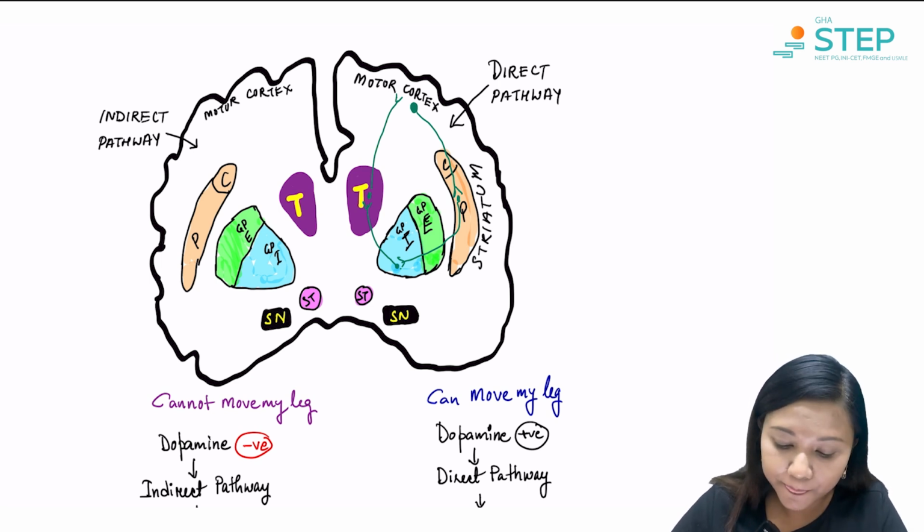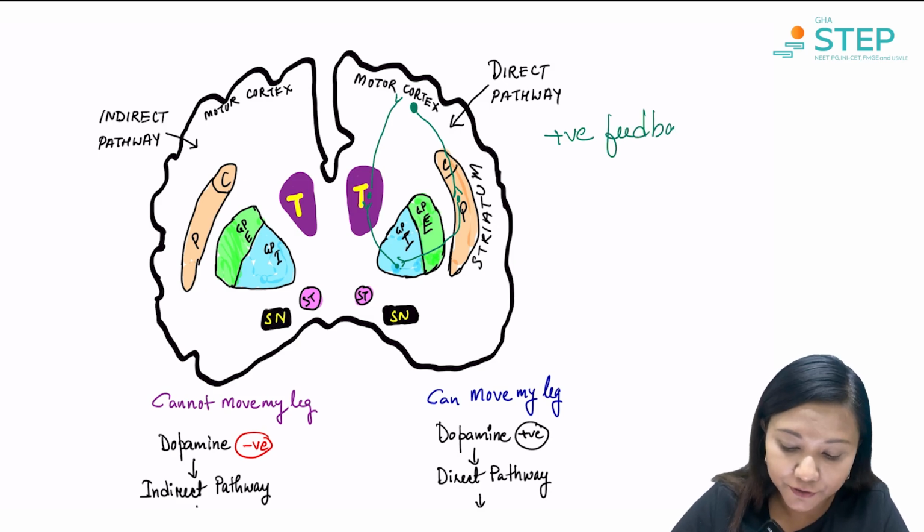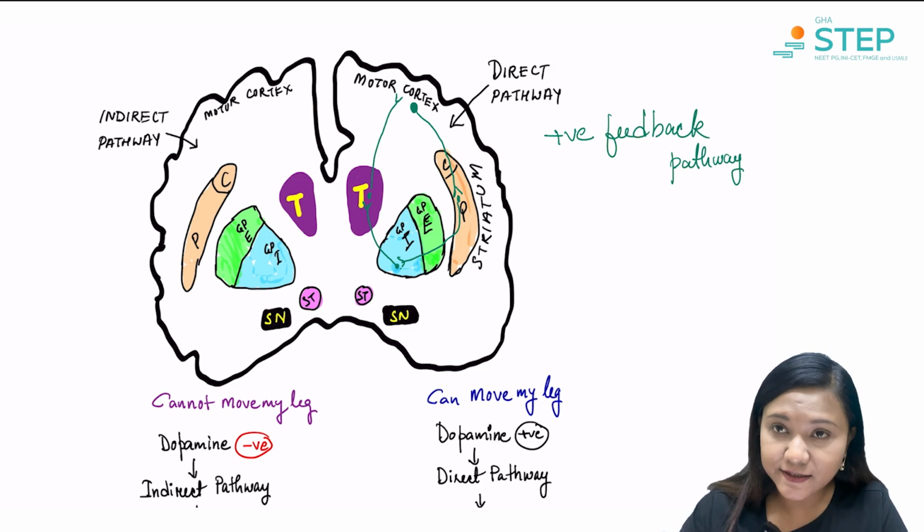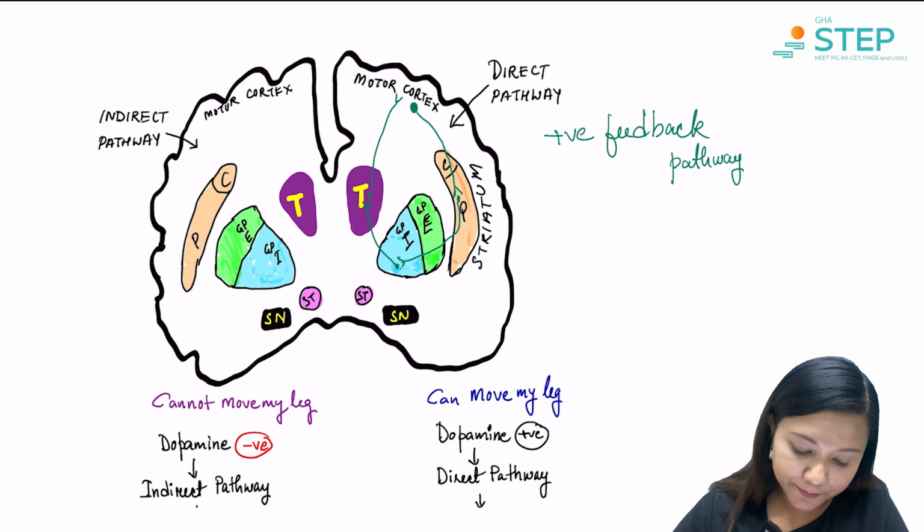So it is a positive feedback pathway, and it is the direct pathway. The signal from the motor cortex is sent to the corpus striatum, from the striatum to the globus pallidus interna, to the thalamus, and the thalamus again gives signal to the motor cortex: you can move the limb, you can walk. This is the direct pathway.